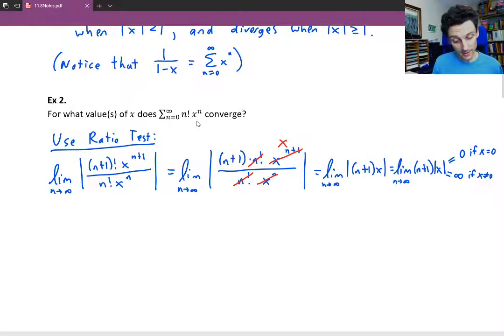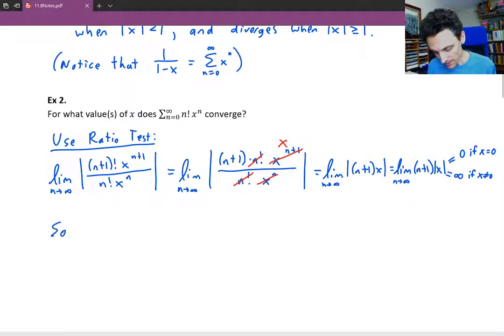Now we're interested in the case where this limit exists, so is equal to some number, and where that number is less than 1. Remember that for the ratio test, if this limit is equal to a number less than 1, so a proper fraction between 1 and 0, then the series is going to converge.